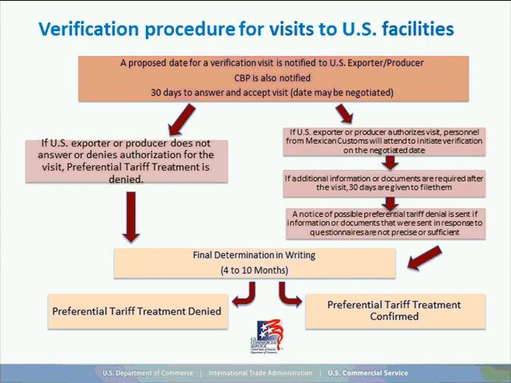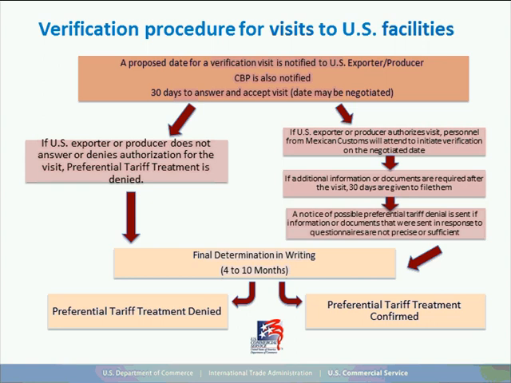On the right side, if the U.S. exporter or producer authorizes the visit, personnel from Mexican Customs will attempt to initiate verification on the negotiated date. If additional information or documents are required after the visit, 30 days are given to file them. A notice of possible preferential tariff denial is sent if information or documents that were sent in response to the questionnaires are not precise or sufficient.